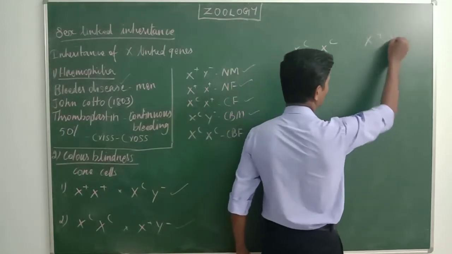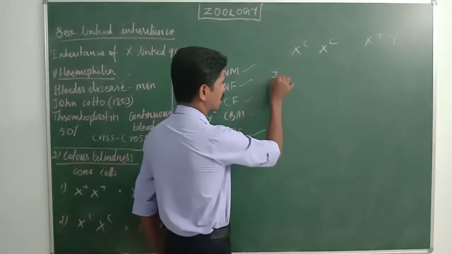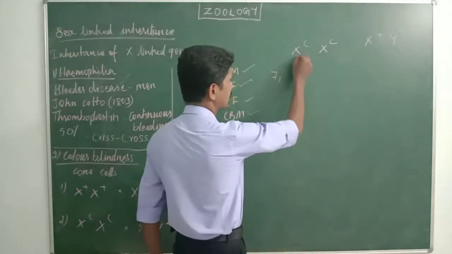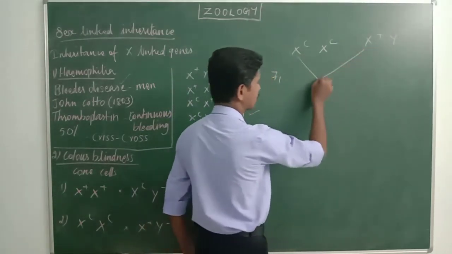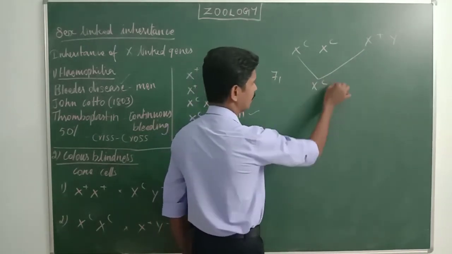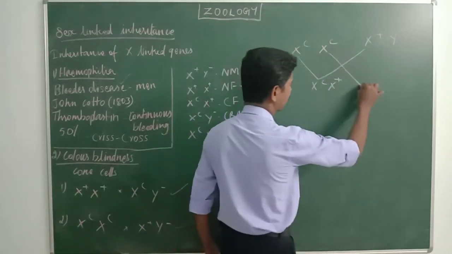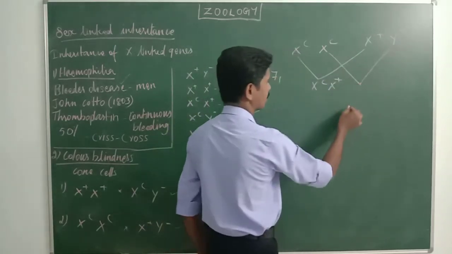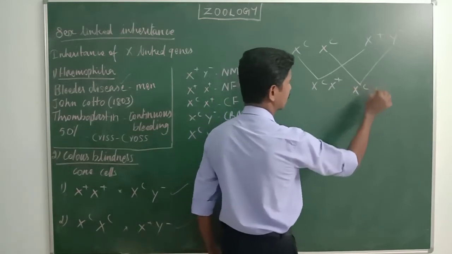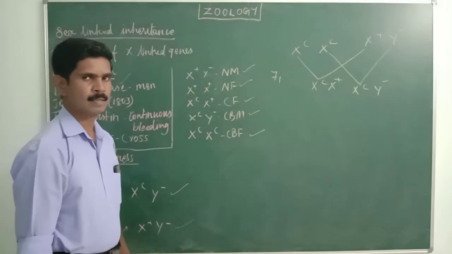So listen, the first generation, what is happening? This gamete is fused with this gamete, so XC X plus. Suppose this gamete is fused with this gamete, XC Y minus.